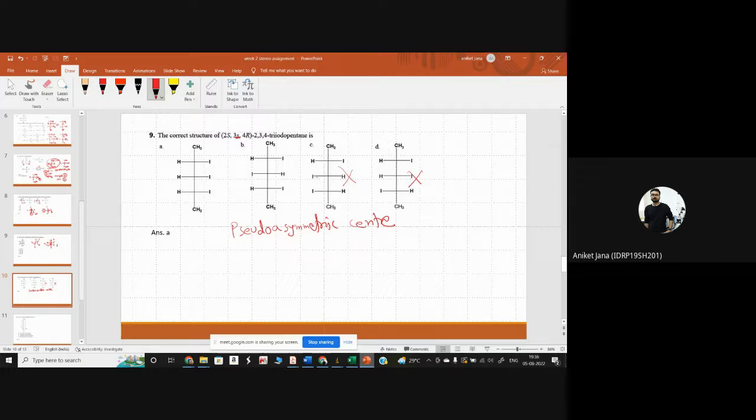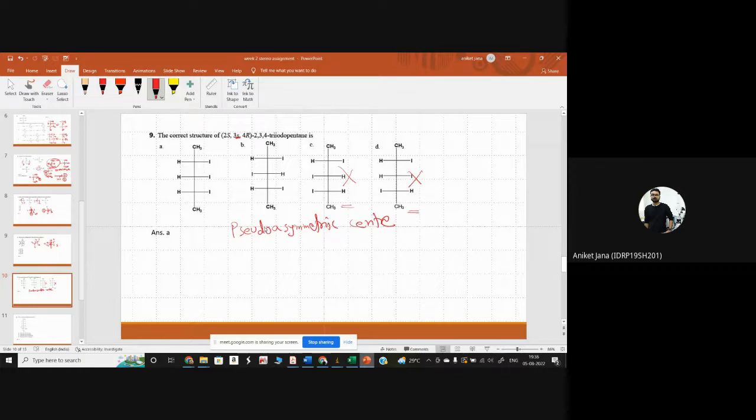Because C and D don't have any plane of symmetry. If 3 is small s, that is pseudo asymmetric center, then it must have an element of symmetry. So by seeing the options, we can eliminate these two.